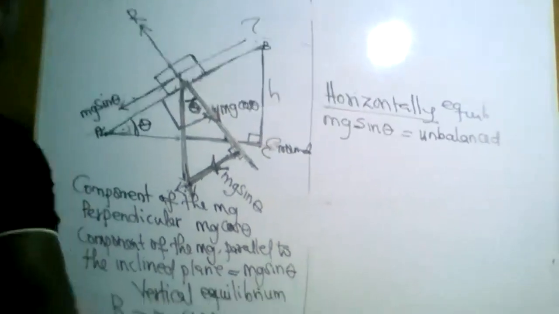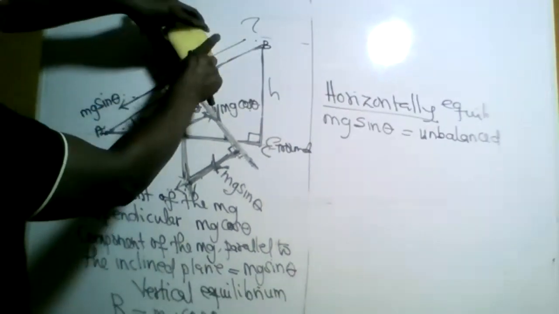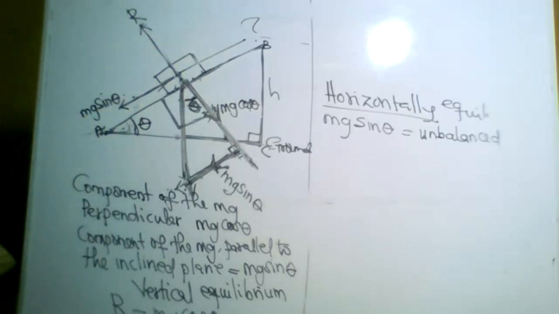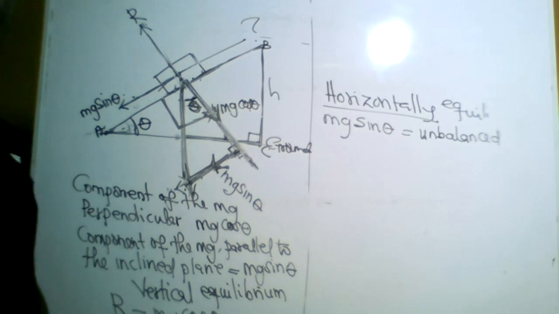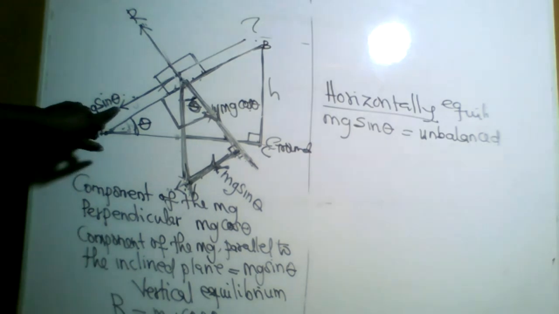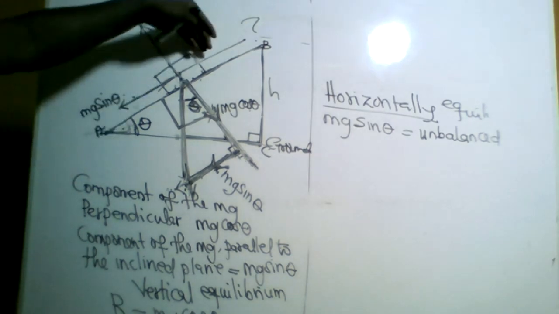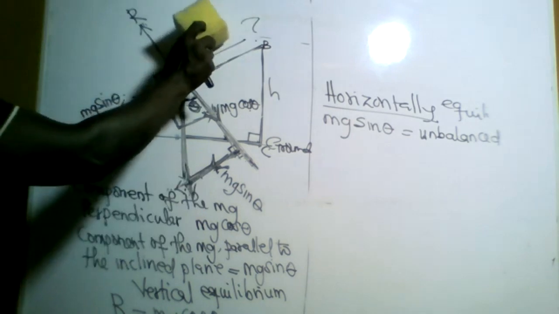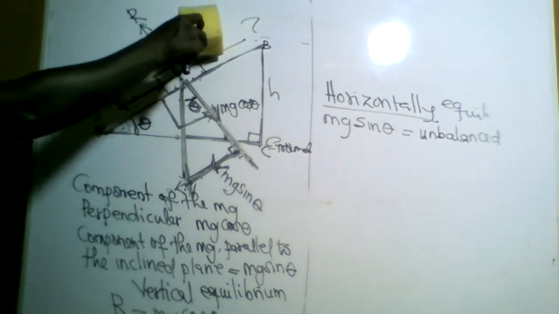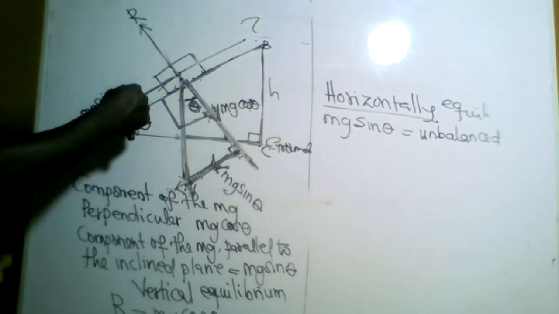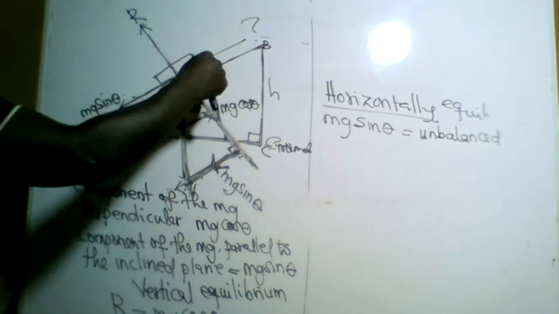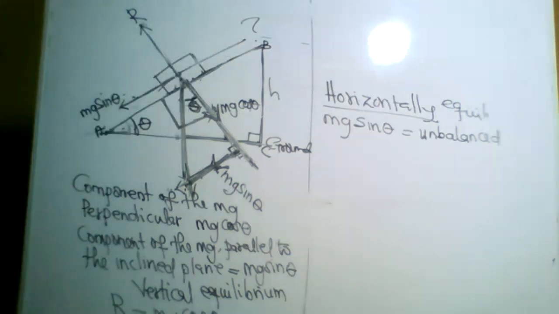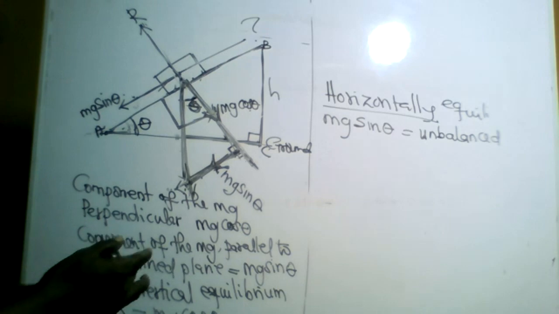This is the reason why whenever you put a body on an inclined plane, it is always rolling down the inclined plane, because this force is unbalanced. Please, you understand it? Yes, sir.